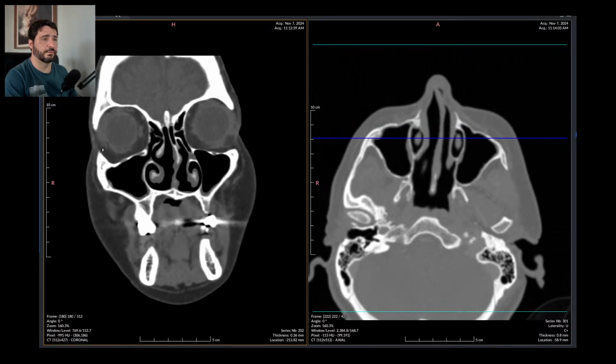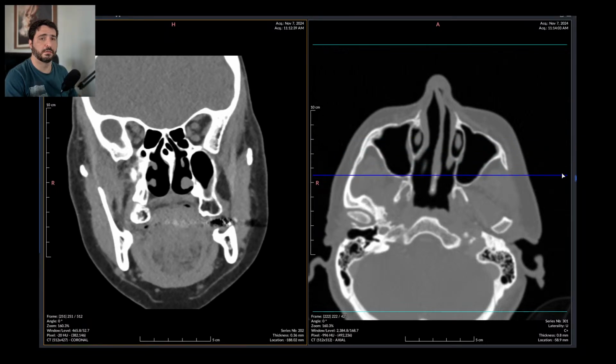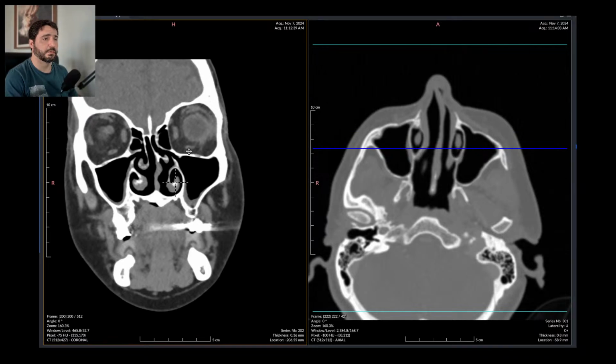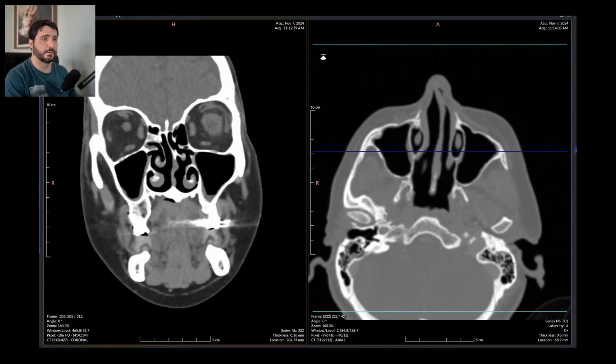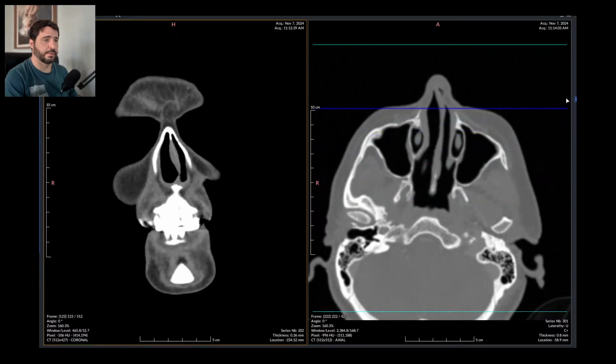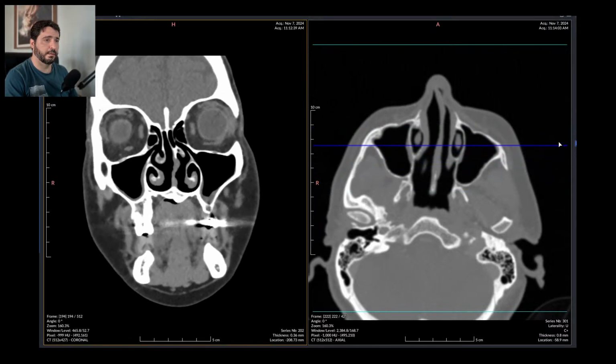So let's look for orbital anything. Orbits look fine. Orbit is okay.